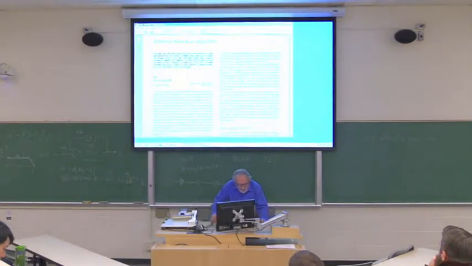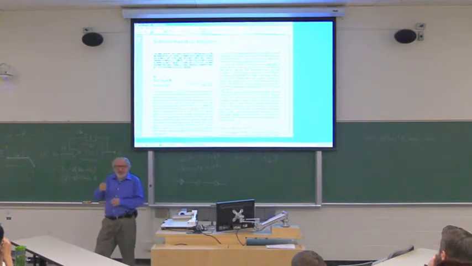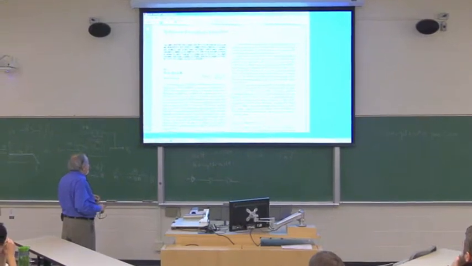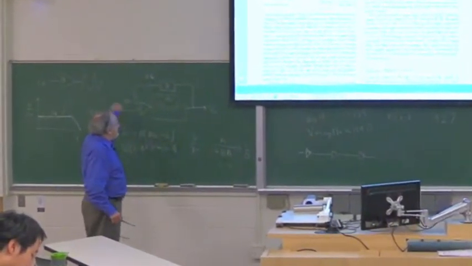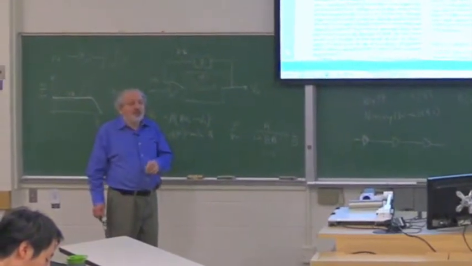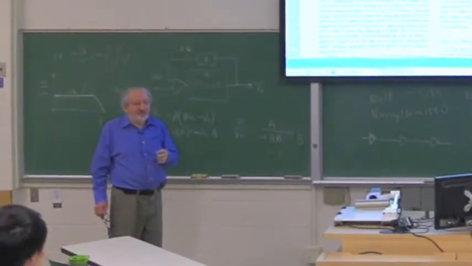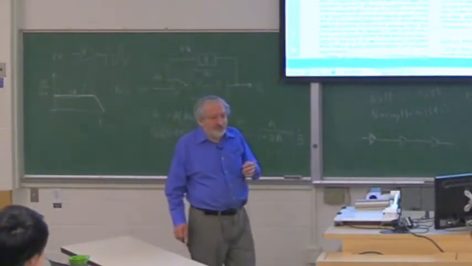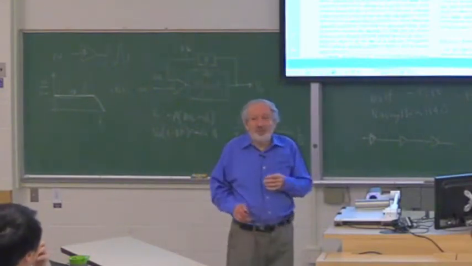Okay, so this is Black's paper. Let me talk a little bit about the subtleties he understood. So the first thing he understood, besides stable gain, is that a system like this will have much lower distortion than an amplifier without feedback. Okay? So now, if you paid attention in previous courses, you would know why a feedback system has much lower distortion.